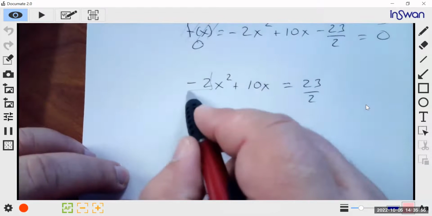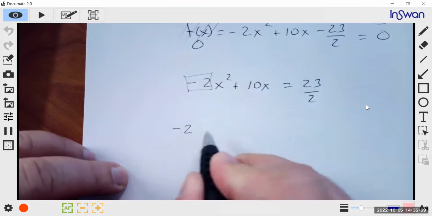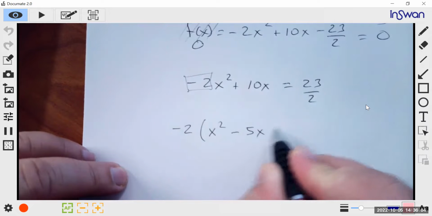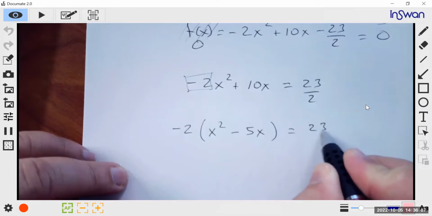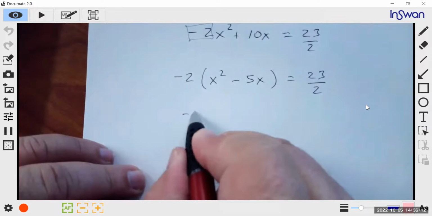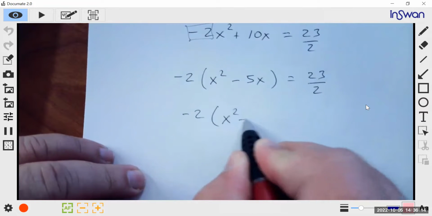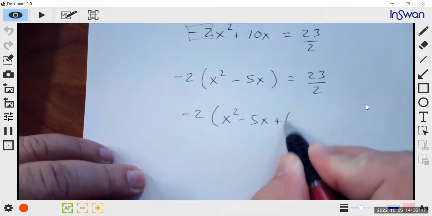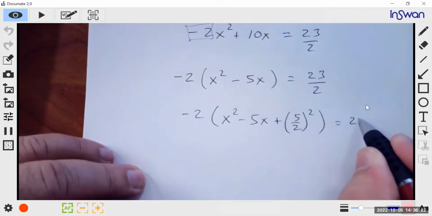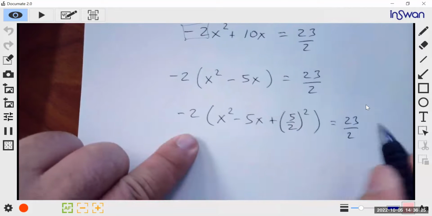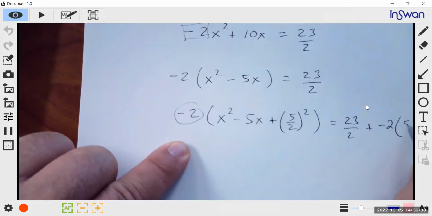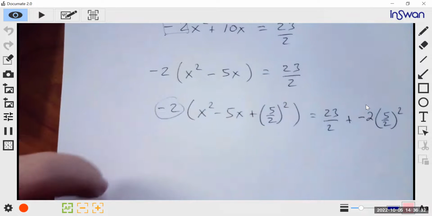Because here, since I factor out a -2 here, when I add the (5/2) squared here, I have to add -2 (5/2) squared here.